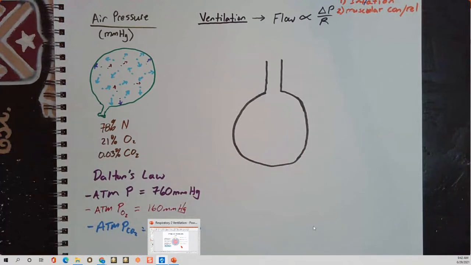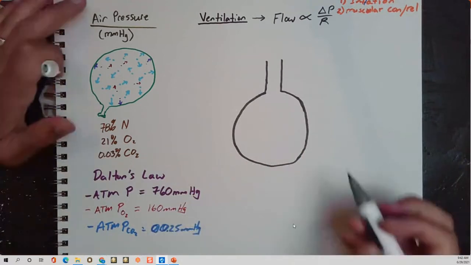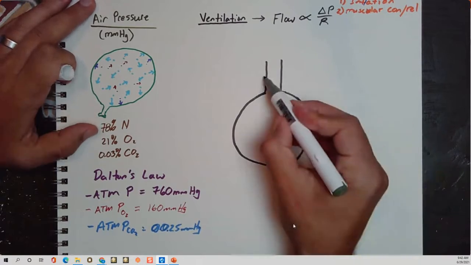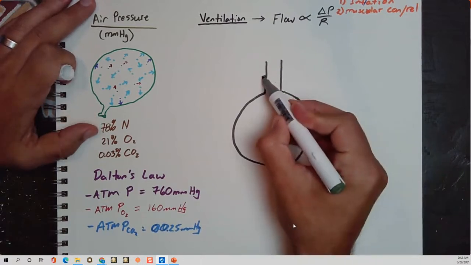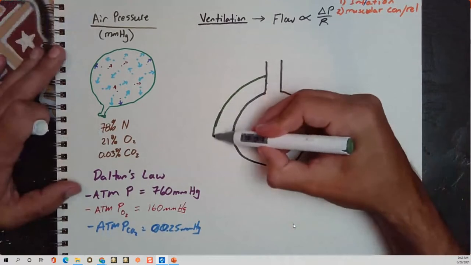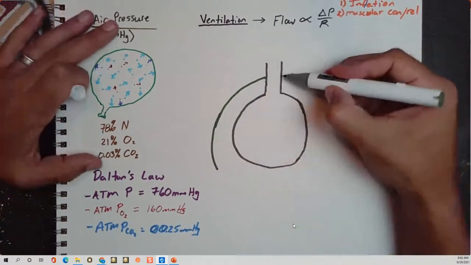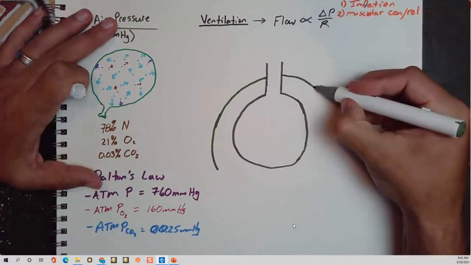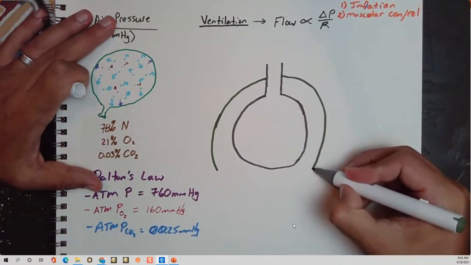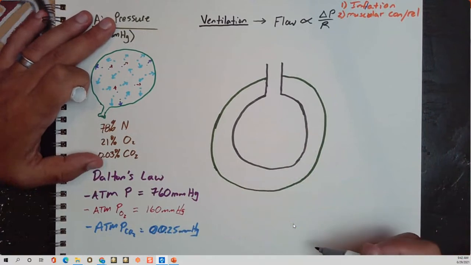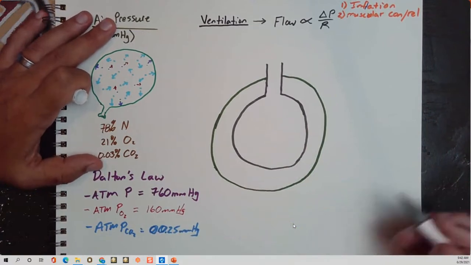Now, outside of this, I'm going to draw my thoracic cavity. So this one right here is my lung. These are all my alveoli. Out here, I'm going to draw my thoracic cavity. And I want to leave a lot of space in between my lung and my thoracic cavity, just so we can label things a little better. Whatever, they're circular.